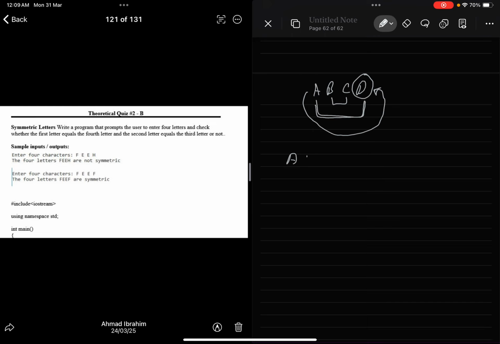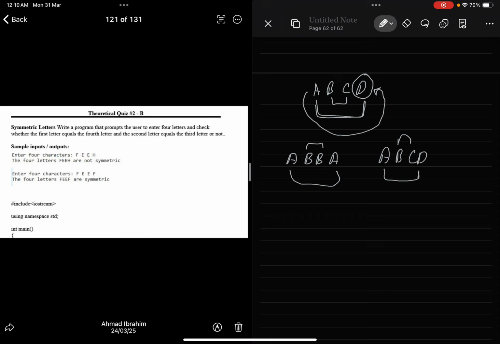For example, if we have A, B, B, A, it is symmetric because A equals A and B equals B. But when we write A, B, C, D, it is not symmetric because it is not equal here and it is not equal here. First sample, it is equal in third one and second one, but it is not equal when we compare the first one with the last one.